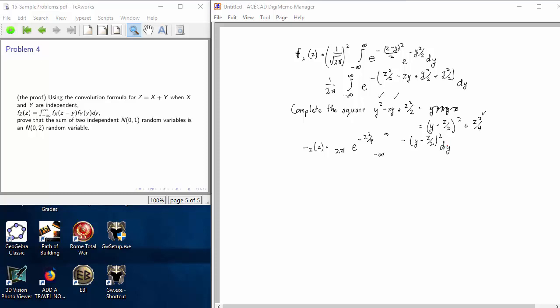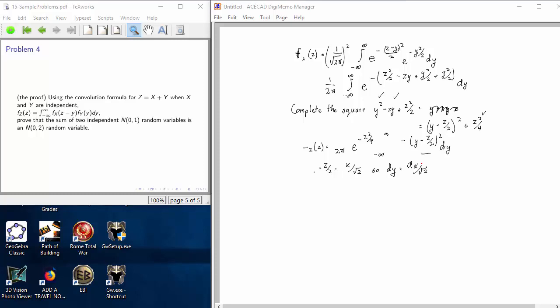Now the only integral of this form that I know how to do is e to the minus x squared over 2. So what I will do is take y minus z over 2 and set it oh so cleverly to x over the square root of 2, so that dy is dx over the square root of 2.